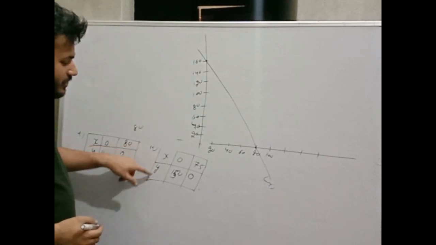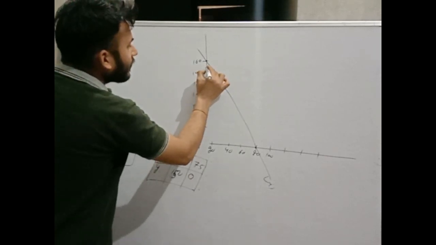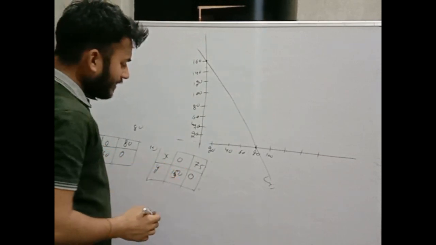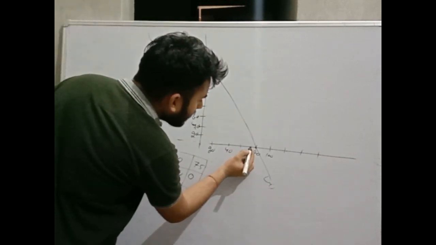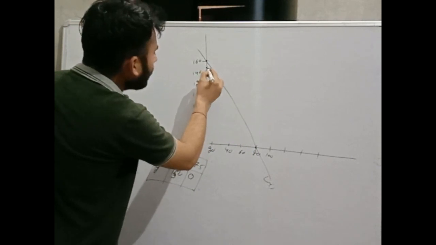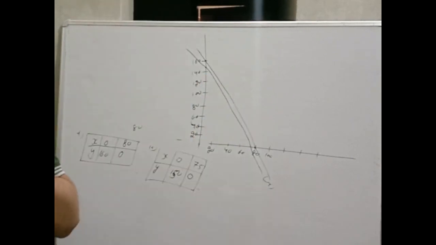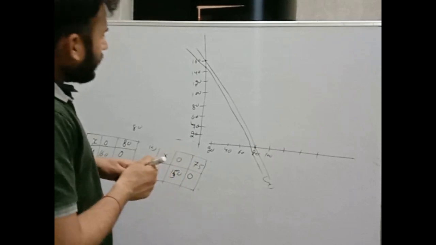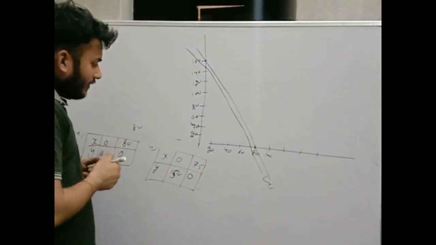And for x 0, y 150, this will be here. And x 75, y 0 will be slightly here. Now this will be your parallel lines.